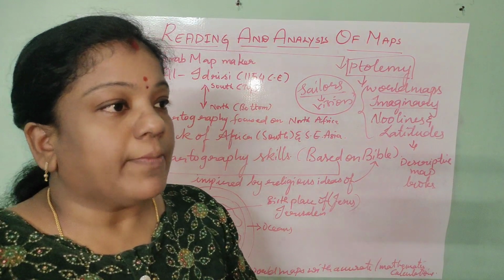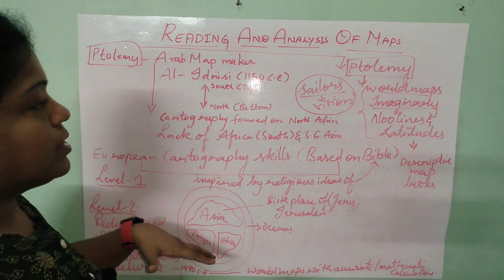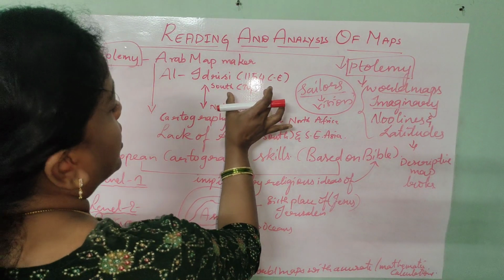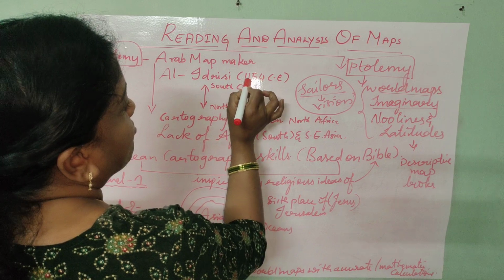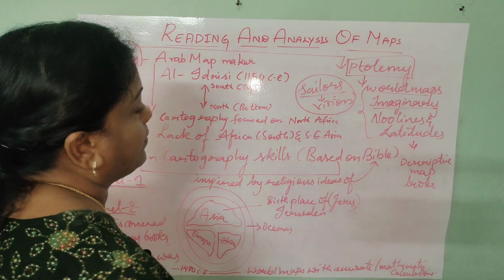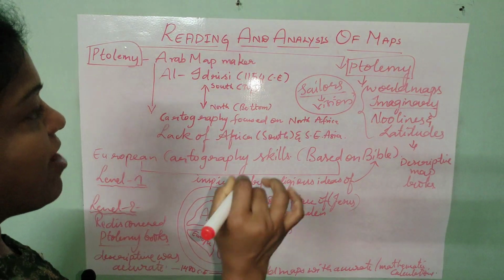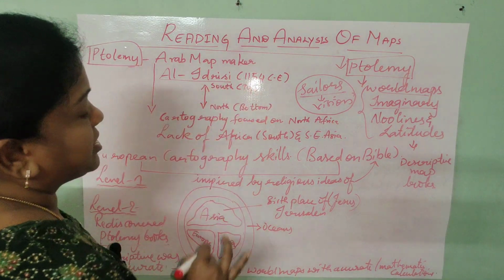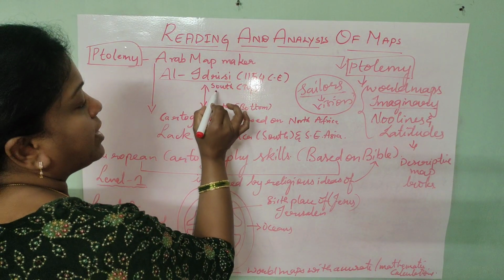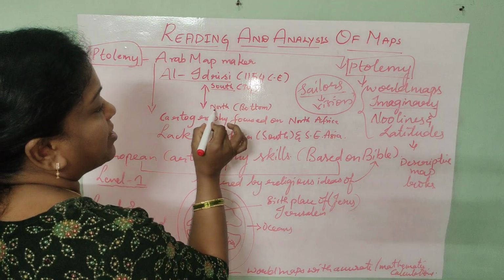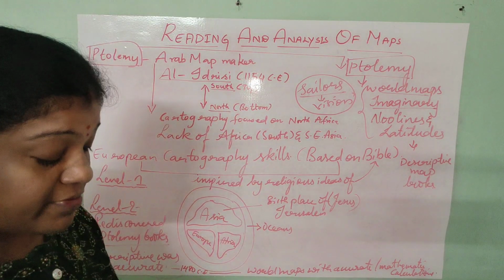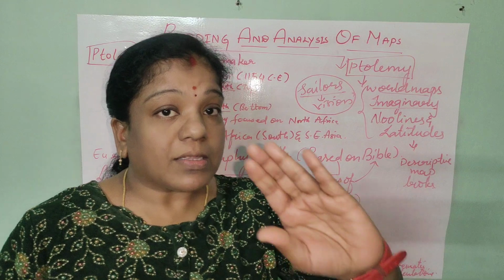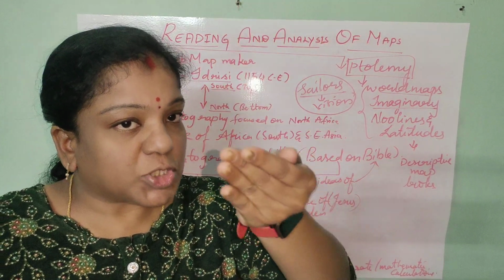In this way, he made the attempt at a world map projection in 1154 Common Era. The interesting fact about the Al-Idrisi world map projection is that he showed south at the top and north at the bottom. Mostly, whenever we see maps, north is shown at the top and south at the bottom.